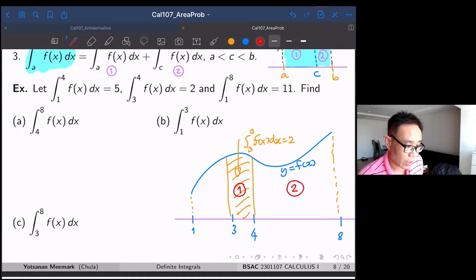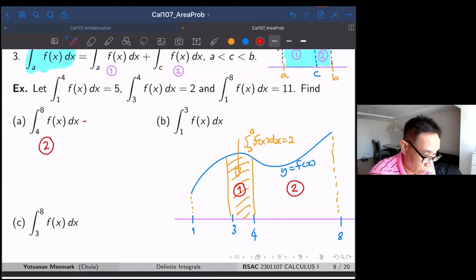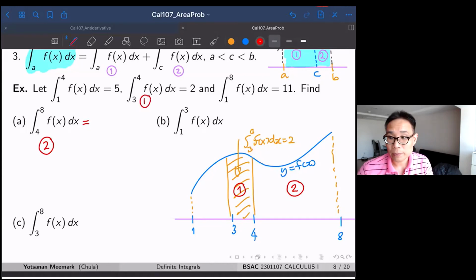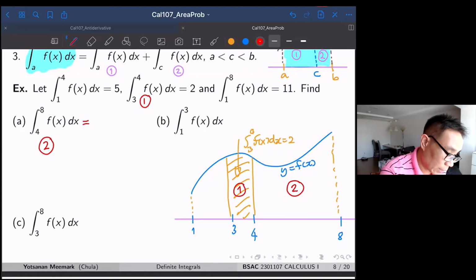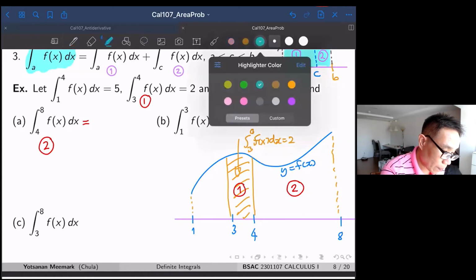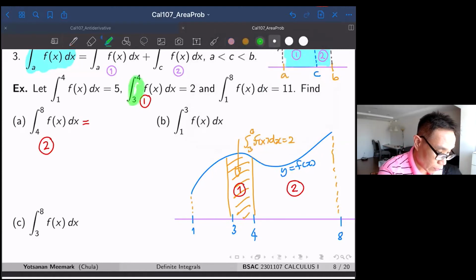Okay, so let me think about that way. So you want to know 4 to 8, which is your second piece. Okay, and this is my first. Okay, so in this case, you have 4 equal to 2.